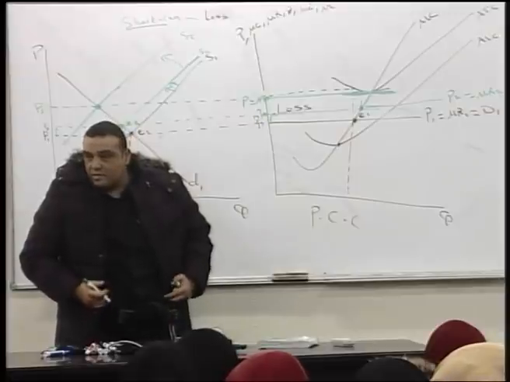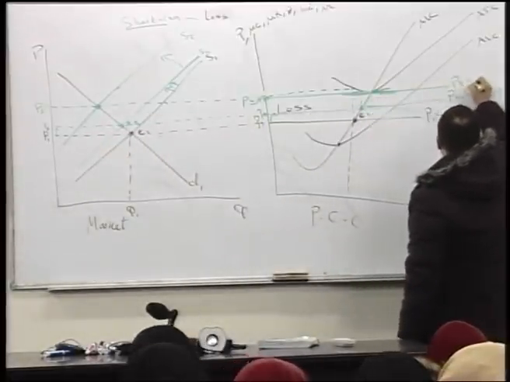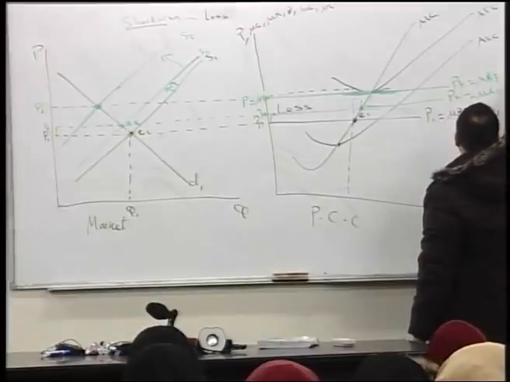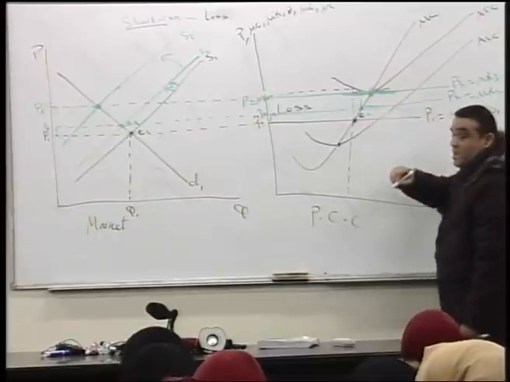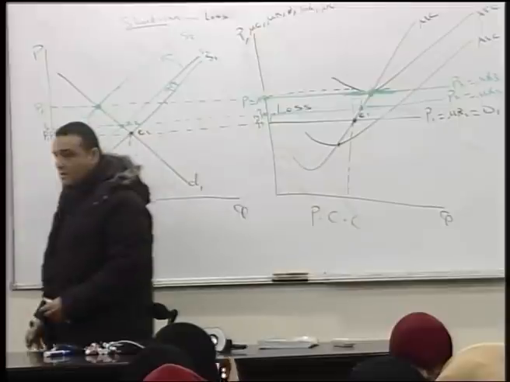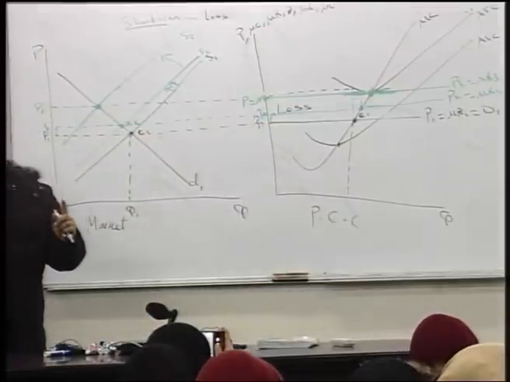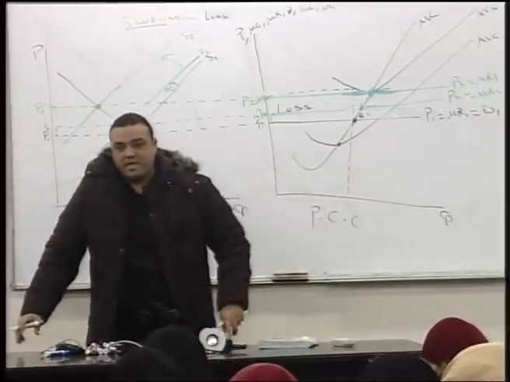So P3 equals MR3 equals D3, which is the equilibrium in the long term. So if we start with a break even, in the short run, in the long run it ends with break even.